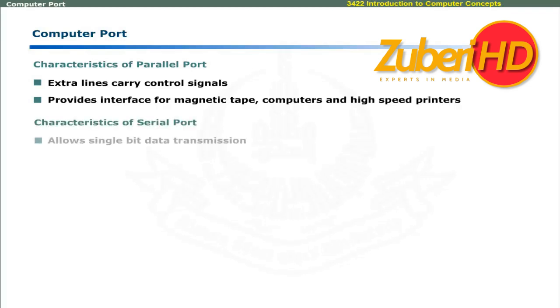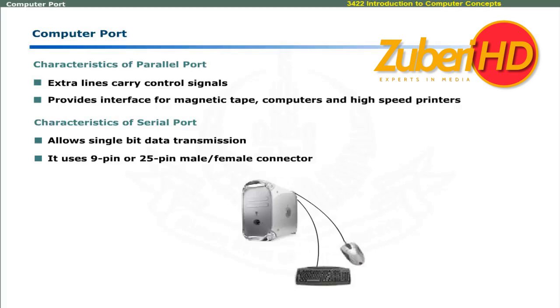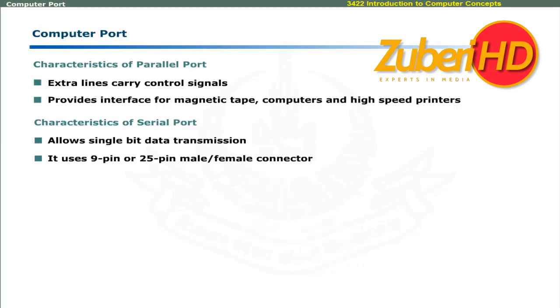Serial port allows a single bit of data to be transmitted at a time. It uses 9-pin or 25-pin male or female connector. One line carries serial signal to the device and another line carries signal from the device. Other lines carry control signals.